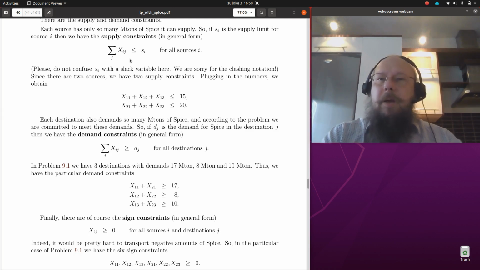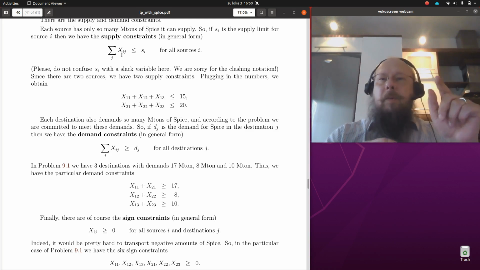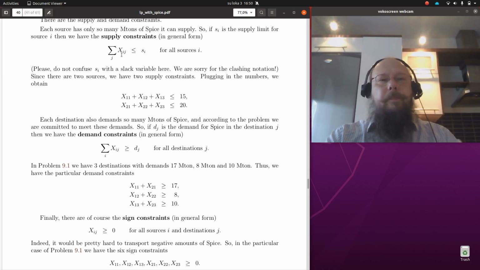The idea is that now we are not looking at each source, but we are looking at each destination. And like this was the amount that flows from i to anywhere, this anywhere is now the other way around, it is j. So sum over i of x_ij, this is the inflow.